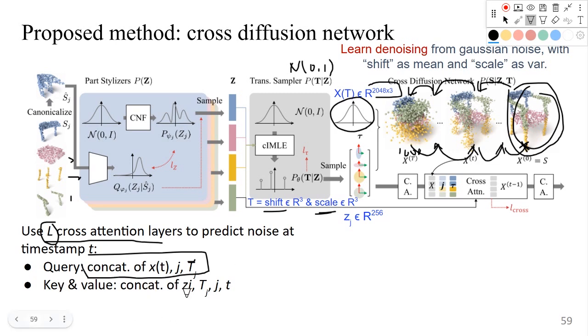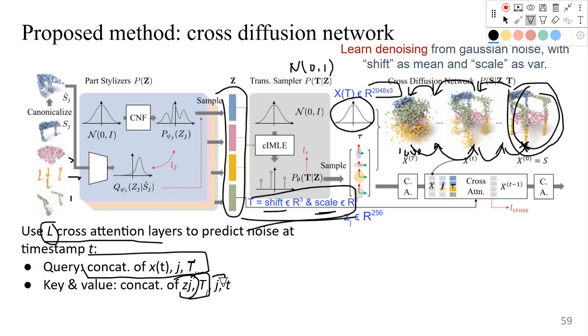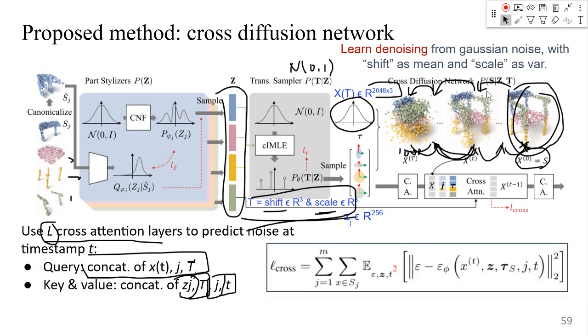Then for the key and the value, we use the Z, which is the part style latent here. We also concatenate it with the transformations, with the semantic index J, and also the timestamp number. Later we will recover the noise at every timestamp until finally we reach timestamp 0, corresponding to the original input. To recover from noise to the original input, in the diffusion network, we estimate the noise.